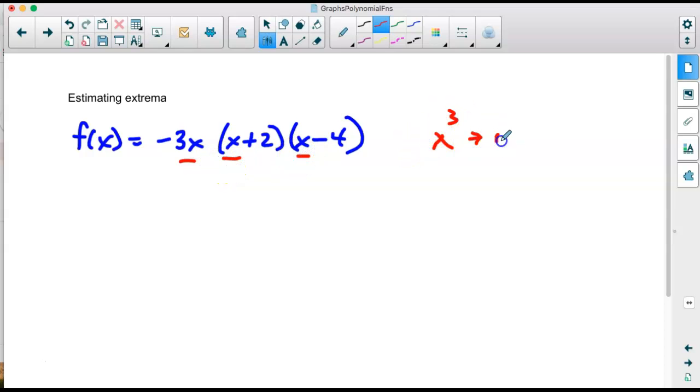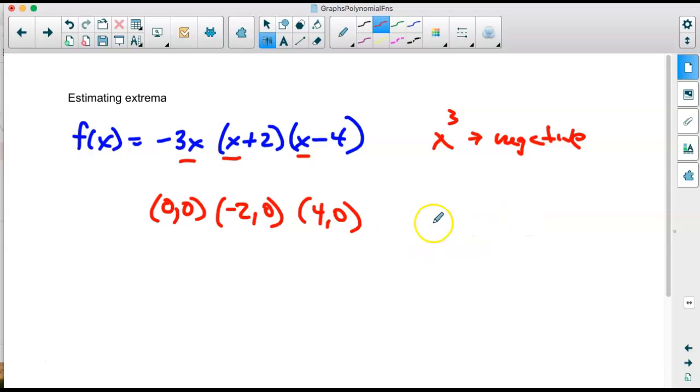We know it's negative because of the negative 3 times x times x. We know the intercepts are 0, 0, because we have a single term here. This one is going to be negative 2, 0, and this one's going to be 4, 0.